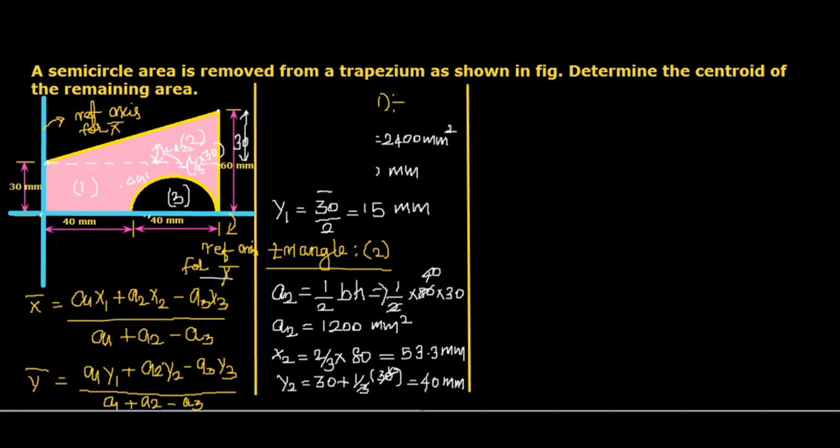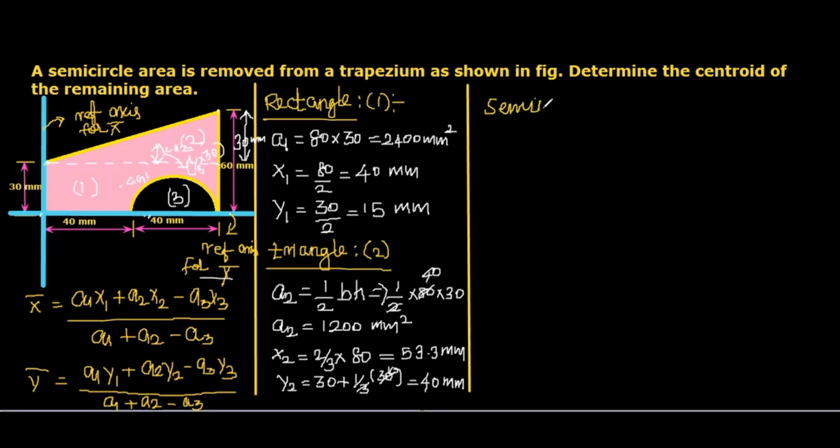Then the third one, that means the portion which is going to be removed, that is the semicircle. That is segment 3. So here, A3, we know the area of the semicircle. For a circle, it is pi r square. A semicircle has half the area of the circle, so it will be pi r square divided by 2.